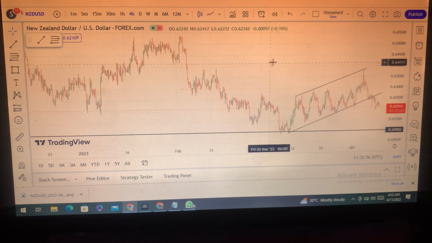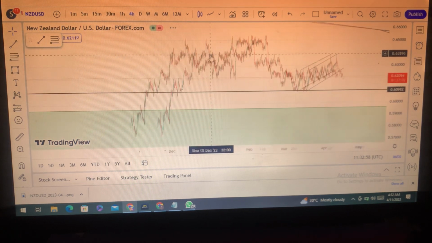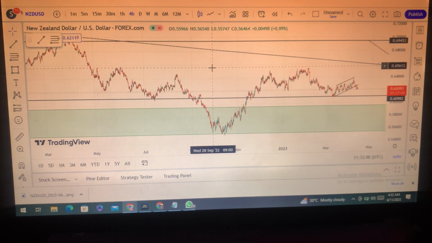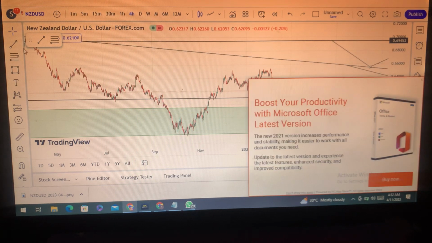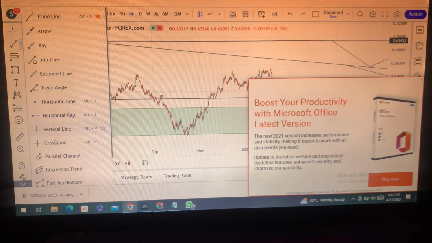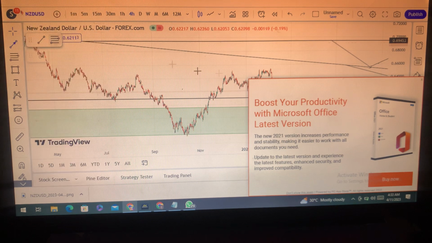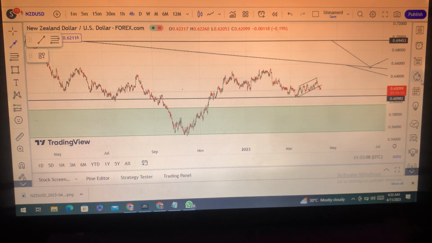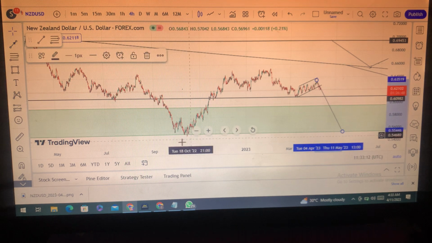So we will see this happen, to retest this zone.